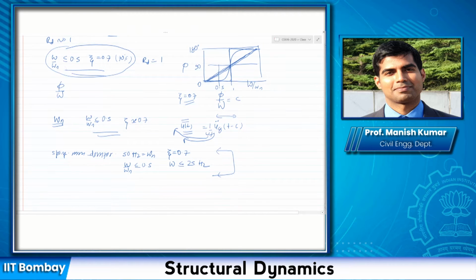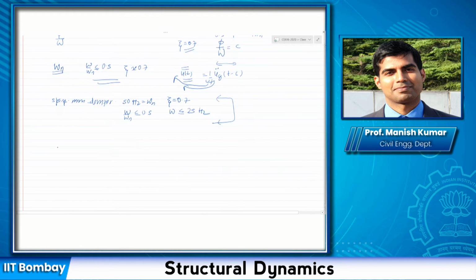So I can also say, if I want to measure up to 10 Hertz, if my frequency content... remember, if you consider any earthquake, it is actually not a harmonic load, and these solutions that we have obtained are for harmonic load. It is actually made up of a combination of several harmonic excitations.